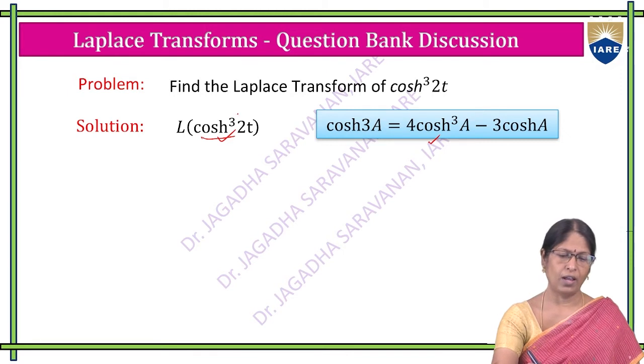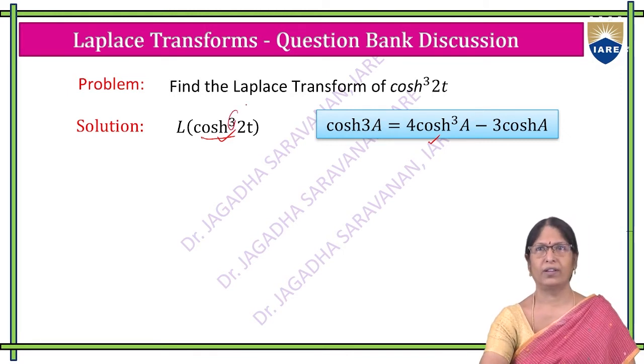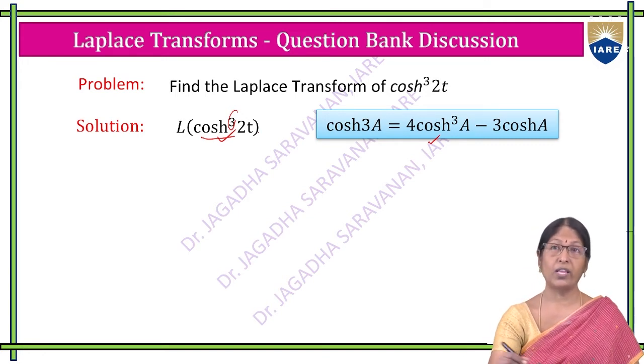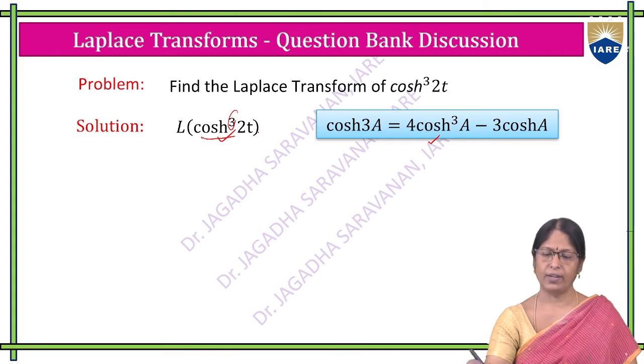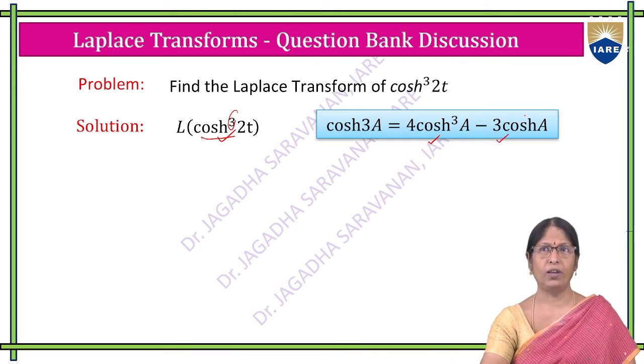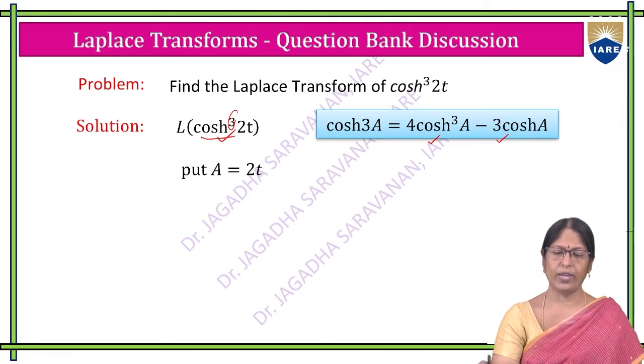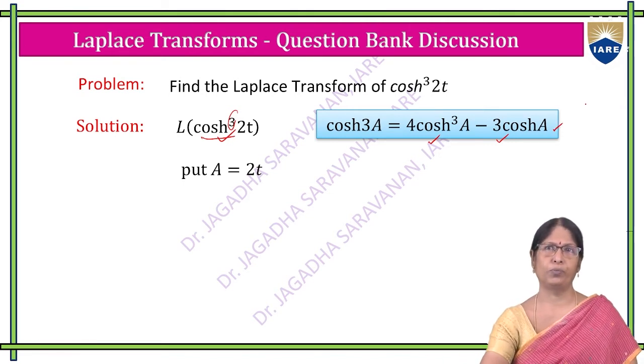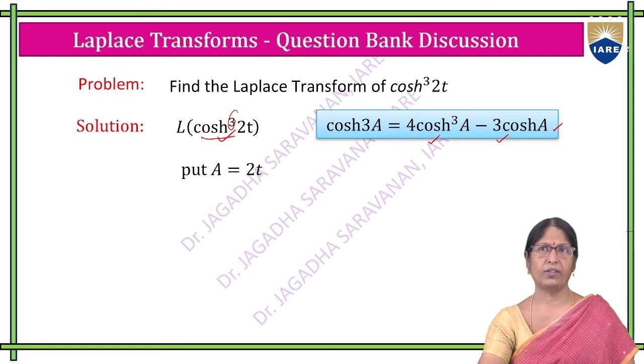But here cos cube is there, and with the limited formulas, we have to manage. So we have taken the cos h cube related trigonometric formula. We are doing so according to Bloom's taxonomy. We recollected this trigonometric formula.